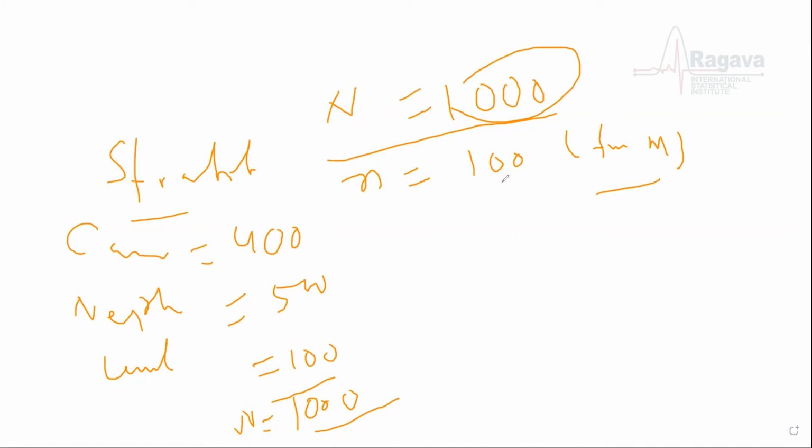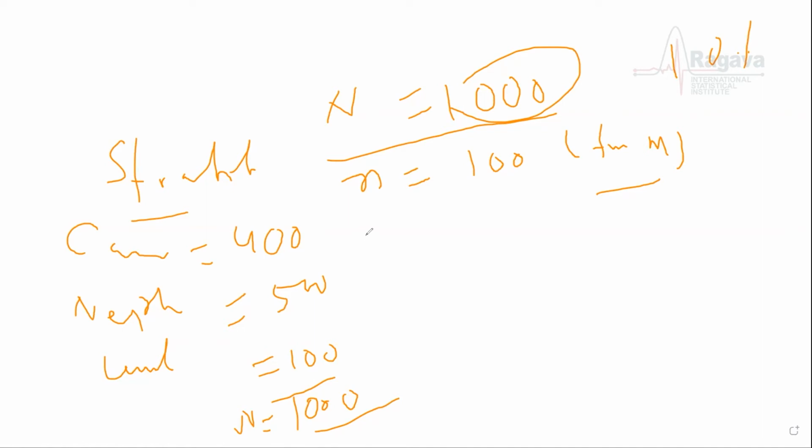Now we need to know what is the proportion. Next step, we need to know what is the proportion between the sample and population. I think it is 10%, correct? The proportion between the population and sample, 10%. 1000 by 100 is equal to 10%, correct? The proportion between the population and sample, only 10%.